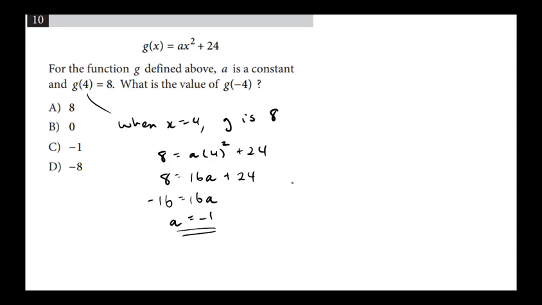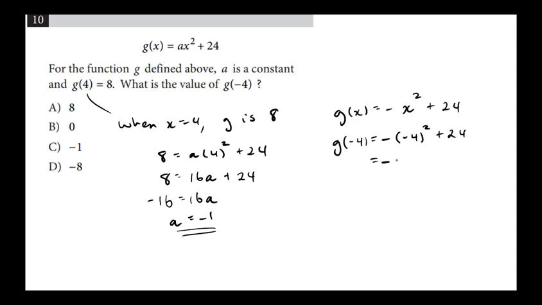So the a value is minus 1. Okay, so now we know g of x is actually equal to minus 1 times x squared, so minus x squared plus 24. And now I need to substitute in x is minus 4 into here. So you need to be careful with the negatives. It's minus 4 squared plus 24.